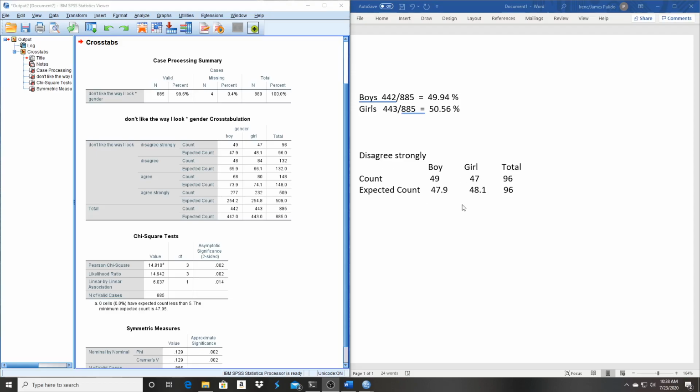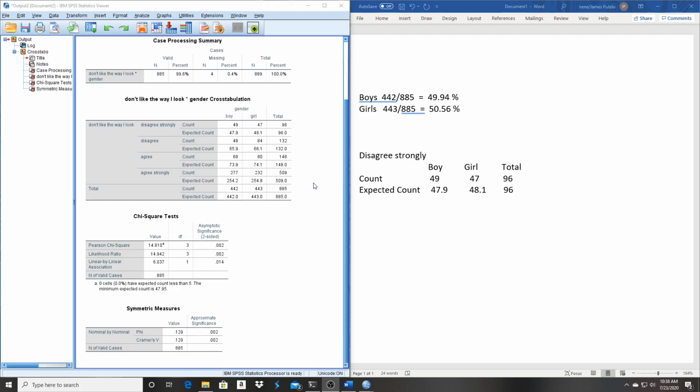So there is a difference, but now you want to know if that's chance alone. If you go over here to the Pearson chi-square, this number tells you the significance. If it's less than 0.05, it's significant. That means it wasn't generated by chance alone.